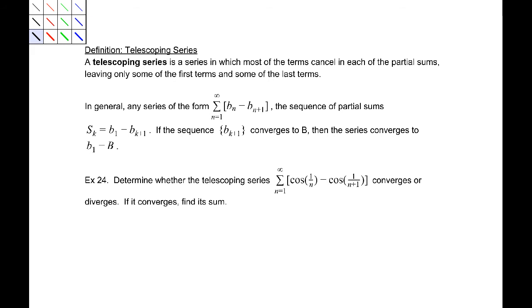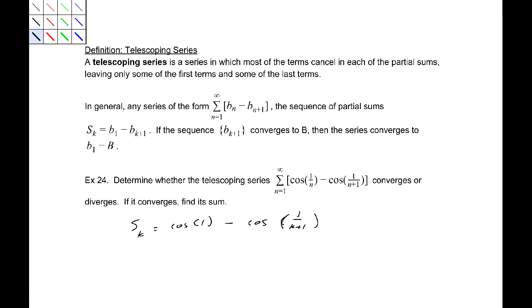Determine whether the telescoping series cosine of 1 over n minus cosine of 1 over n plus 1 converges or diverges. Alright, well, if you want to write a few terms out, you can see the middle terms do end up canceling. And so sk is cosine of 1 minus cosine of 1 over k plus 1.